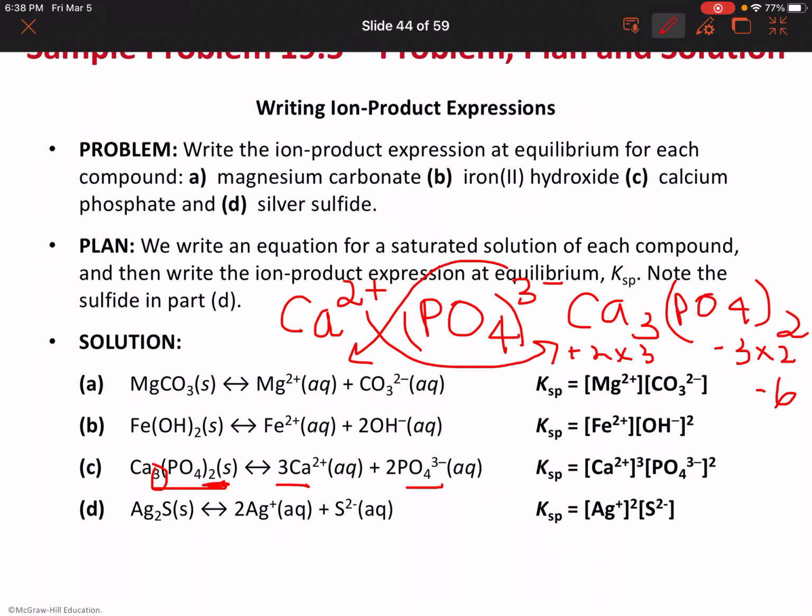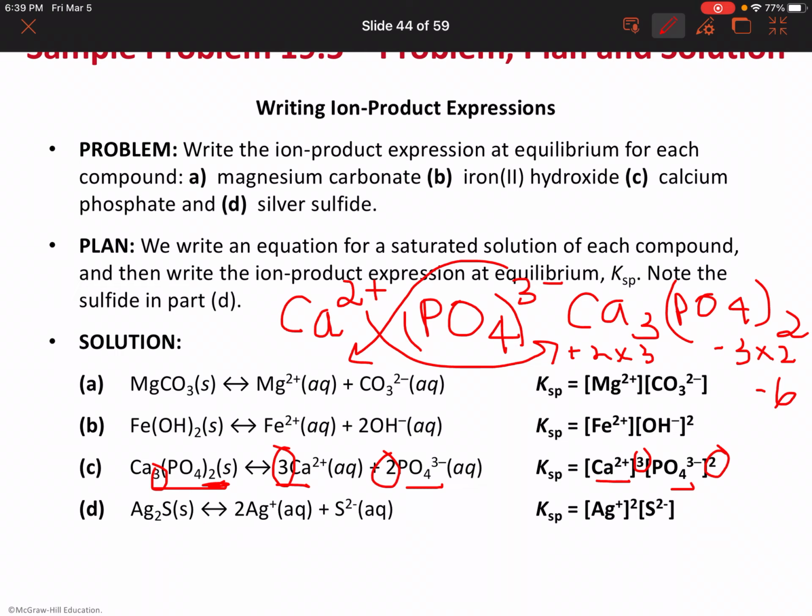When you write the KSP for these two, you write calcium 2+, where 2+ is the charge and 3 is the molar ratio that goes here as the power. Then the phosphate, PO4 3-, and the coefficient goes like this.